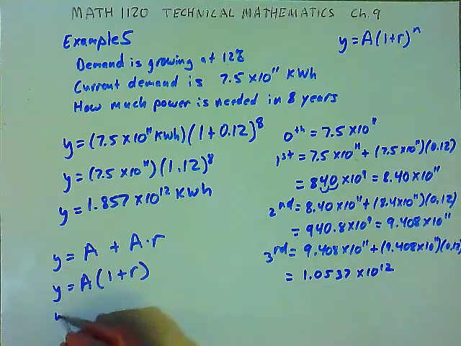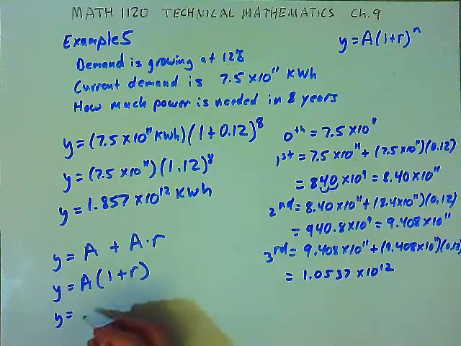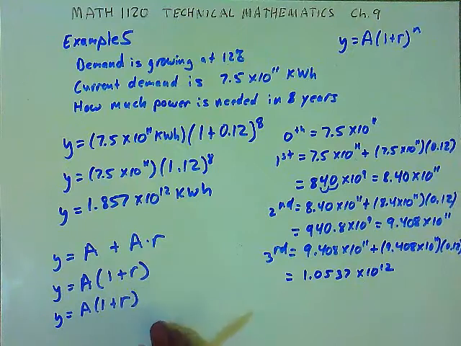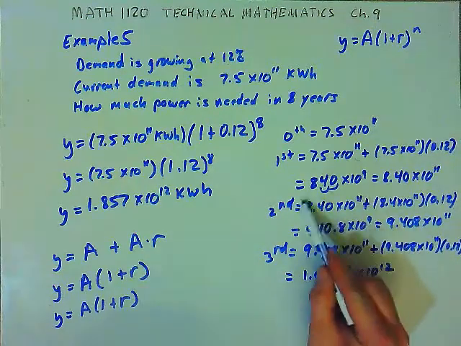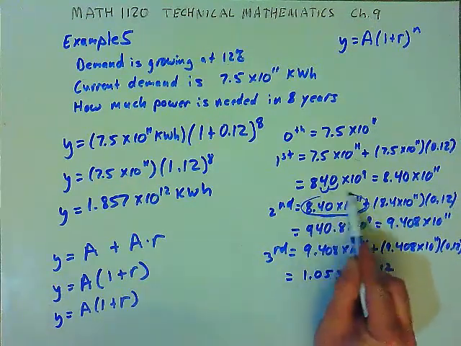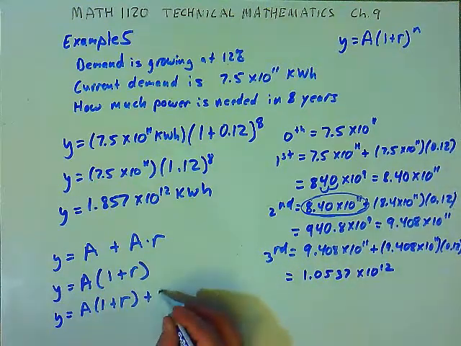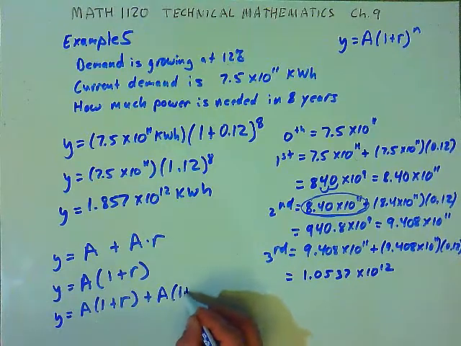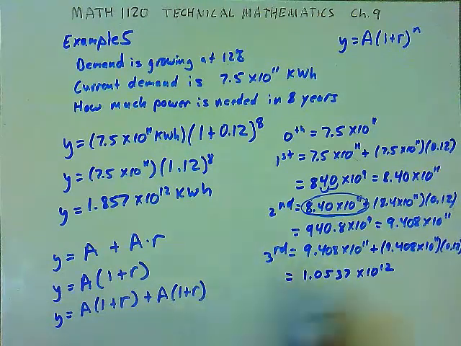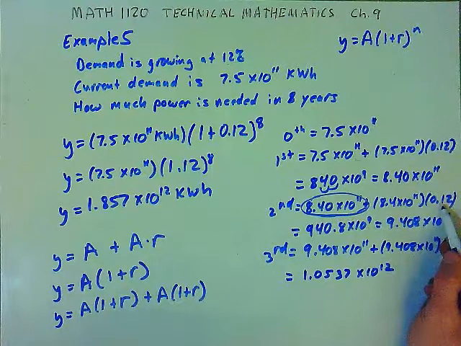Now on the second year, I'll have this initial amount, A times 1 plus R, and that will be the initial amount for the second year, right, which is what we have here, plus that initial amount again, which is A times 1 plus R, times the rate again.